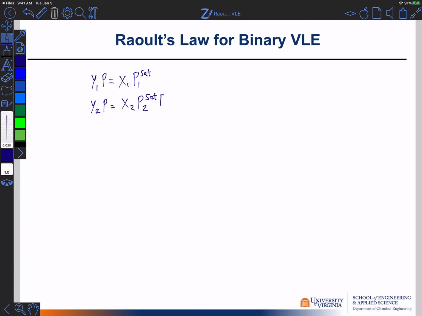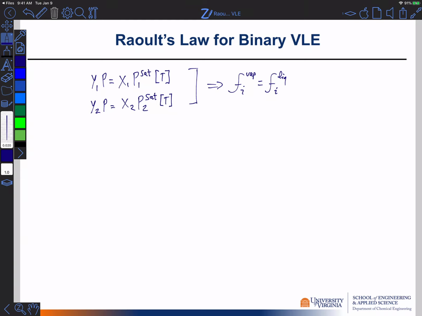All right, and we'll remember that these saturation vapor pressures are functions of temperature, just to remind ourselves of that. So both of these are giving us fugacity in the vapor phase equal to fugacity in the liquid phase for a given component, under the assumption that components 1 and 2 form ideal gases and ideal solutions, and the Poynting factor is negligible.